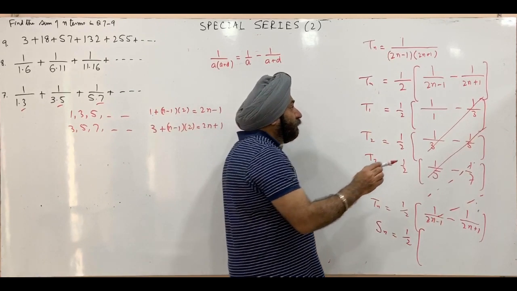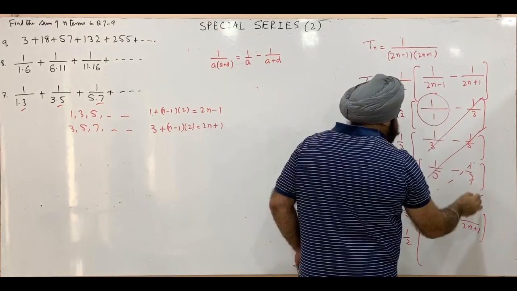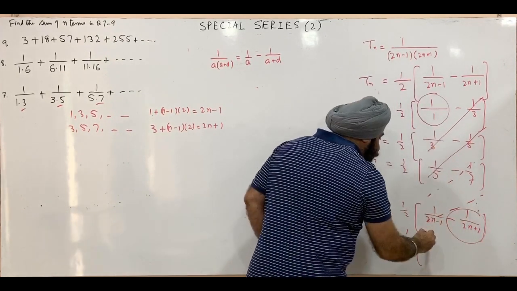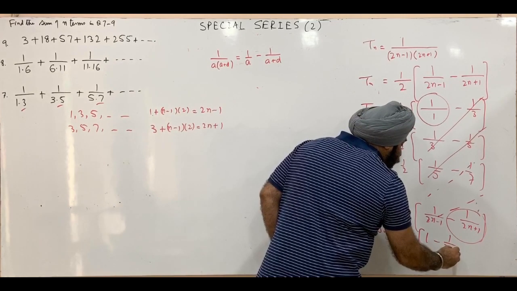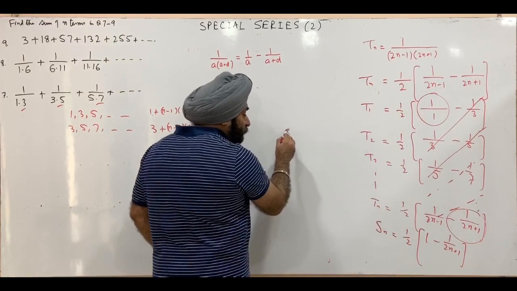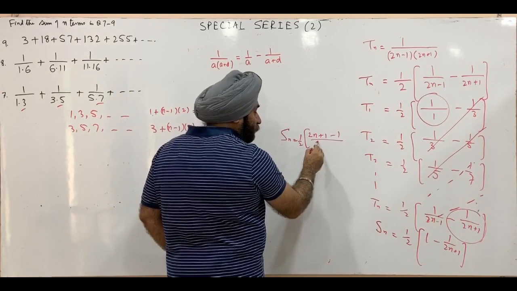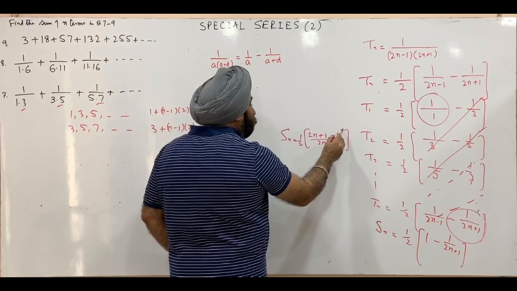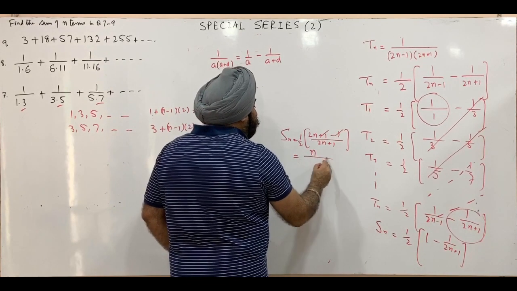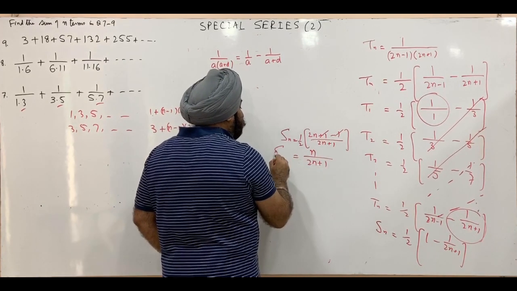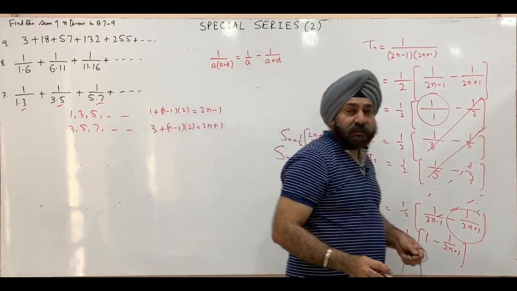We will be left with only this and this. That's 1 minus 1 by (2n plus 1). And we can simplify. This is 1 by 2 times [(2n plus 1 minus 1) by (2n plus 1)]. This will cancel out. So it's n upon (2n plus 1). This is the sum of n terms, and this is the answer.